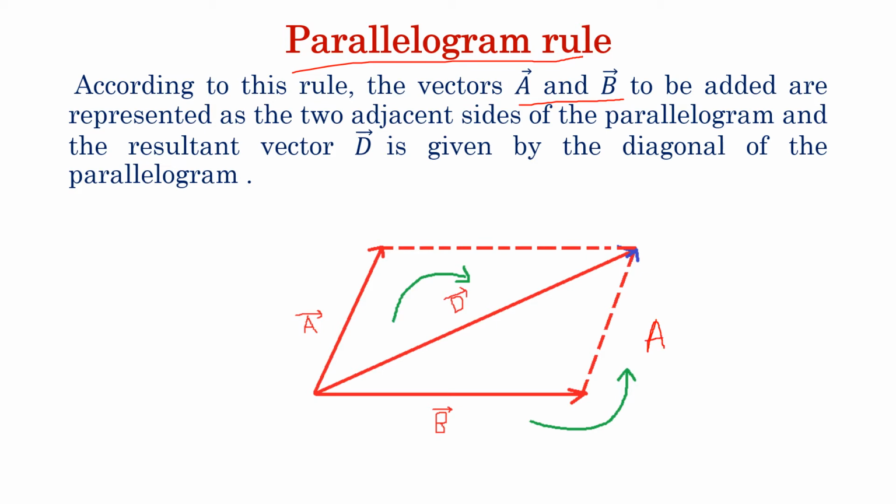The resultant vector D is given by the diagonal of the parallelogram. Now see here, the same A will appear here. A and B take anti-clockwise direction and D takes clockwise direction. So what is D? D is a summation of A and B.